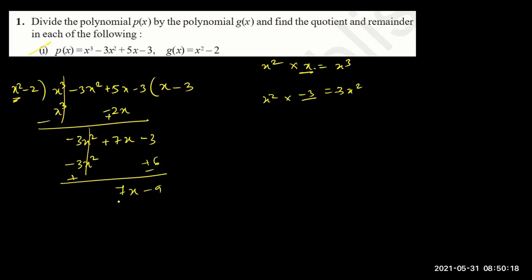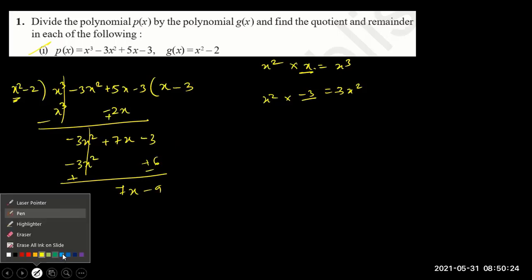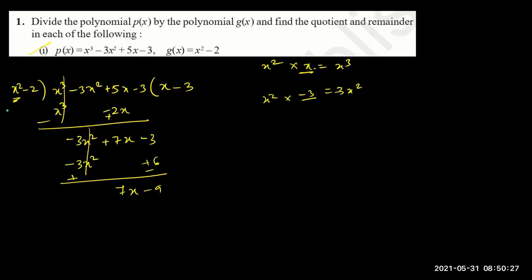Now check what is the degree of g of x here. The degree of g of x is 2, and the degree of r of x is 1.